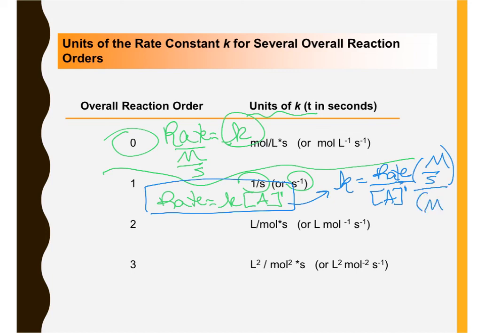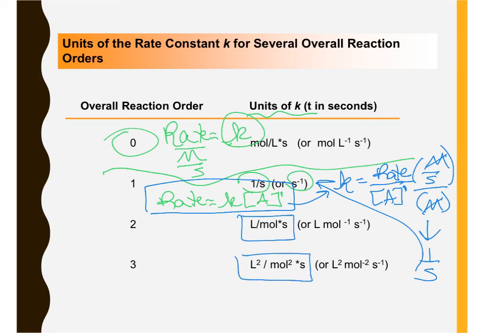Concentration is molarity, and there's only an exponent of 1. The molarities cancel, and so for an overall first order, you're simply left with 1 over time. That's where that comes from. Okay, second order overall and third order, which is what we just did on the last slide.